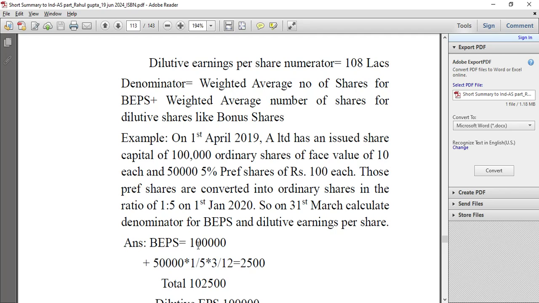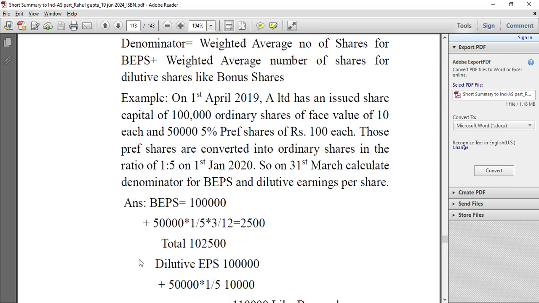Basic earnings per share: 1 lakh plus 50,000 into 1 divided by 5 into 3 divided by 12, that is 2500. Total 102500.